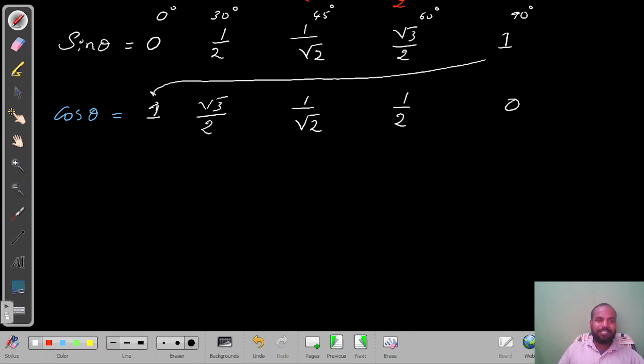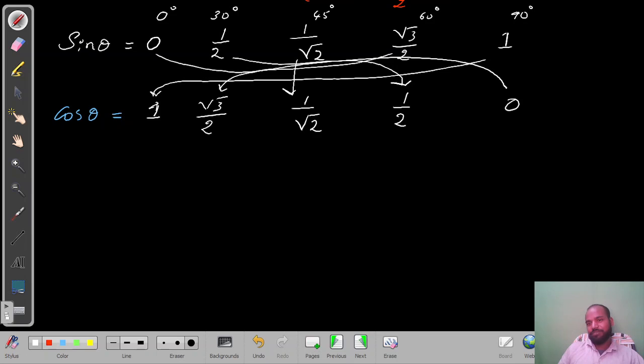Yes or no? Sin 45 and cos 45 are both the same. So I am just reversing the numbers. Don't get confused with the lines; these lines are to help you understand. I am just reversing the values.